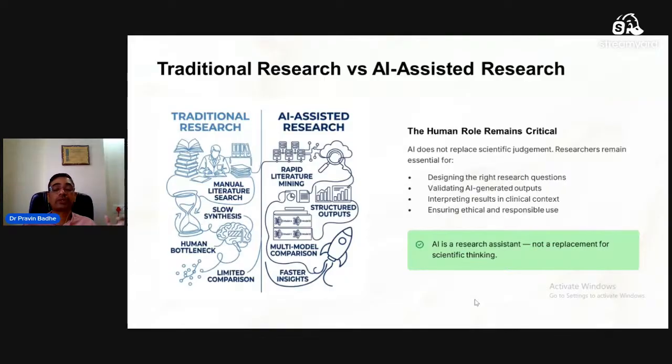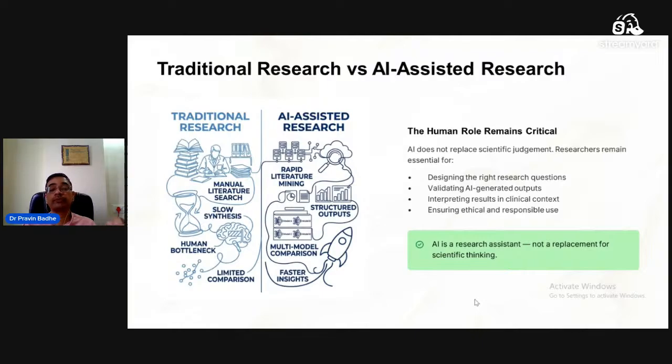So researchers remain an essential part of drug discovery and development, clinical trials, PV, regulatory affairs, marketing, all the processes. Still, humans are the essential part, because designing the right questions cannot be done by AI alone.